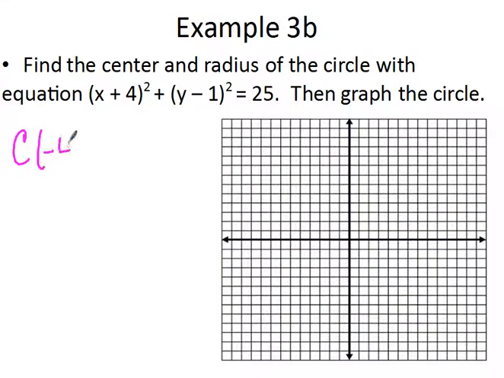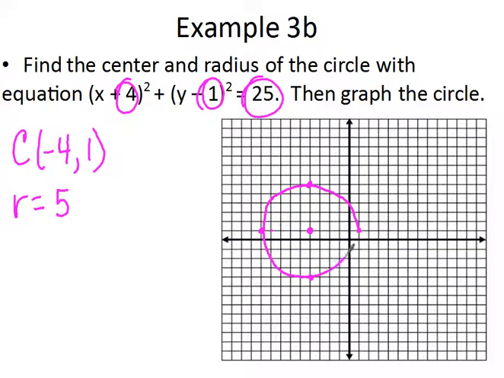Center, negative 4, 1, because this is h, that is k, and then radius is 5, it's the square root of 25. So we go negative 4, 1, and then you count 5 in all directions, and then you sketch your circle in. Alright?